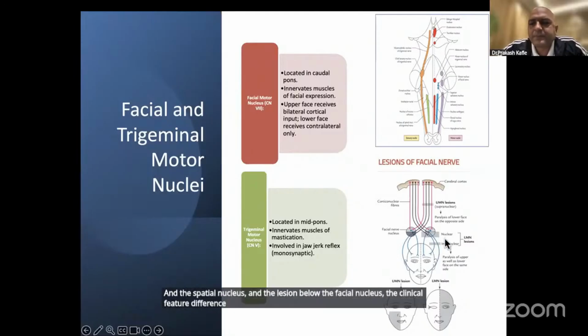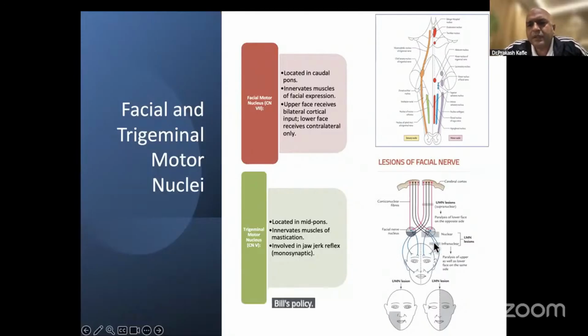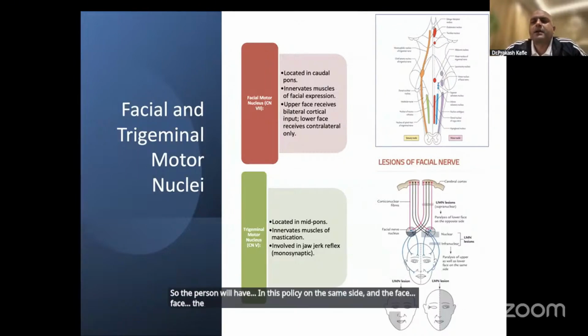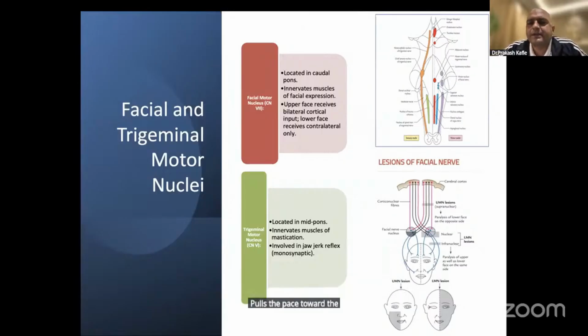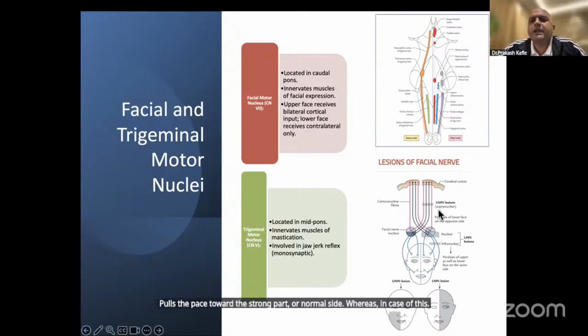As in Bell's palsy, what happens? There will be disruption of the facial nerve below the nucleus. So the patient will have palsy on the same side, and the stronger part pulls the face toward the strong or normal side. Whereas in the case of upper motor neuron type facial palsy, like in a brain stroke, what happens?